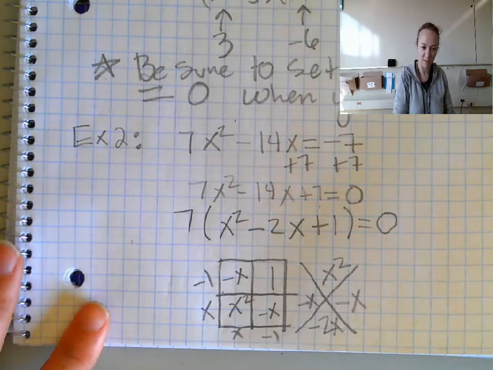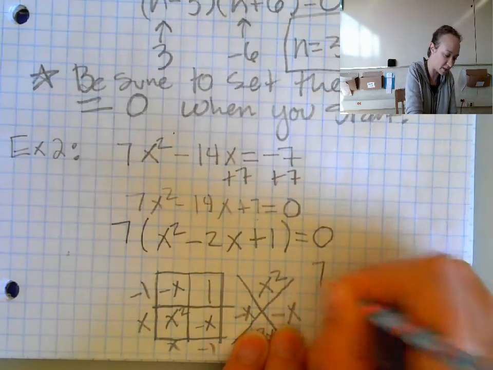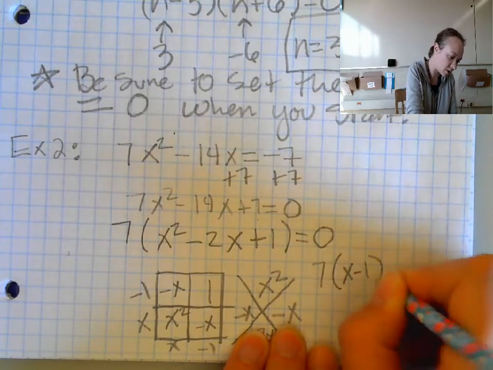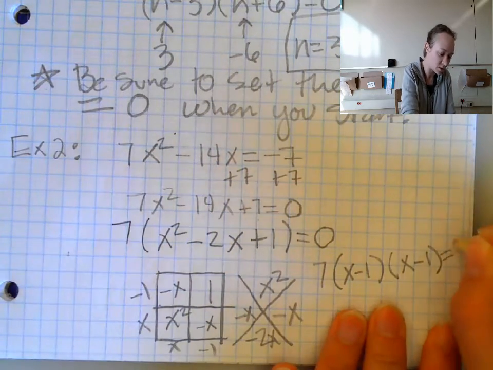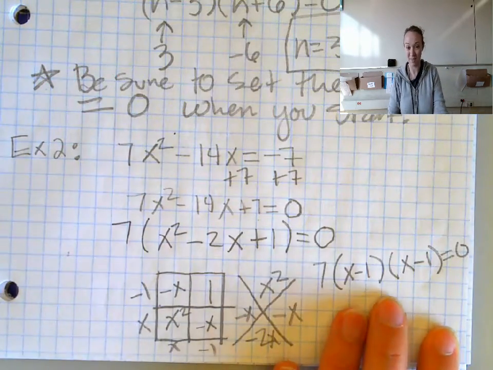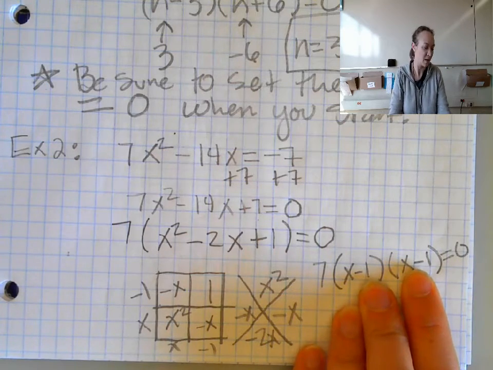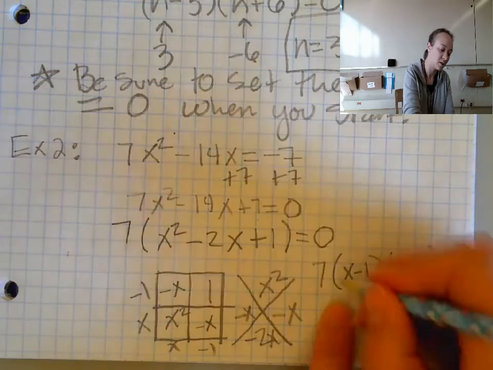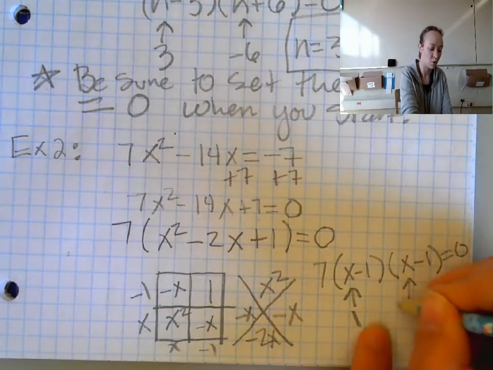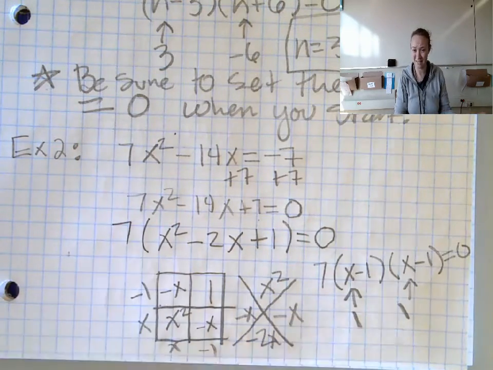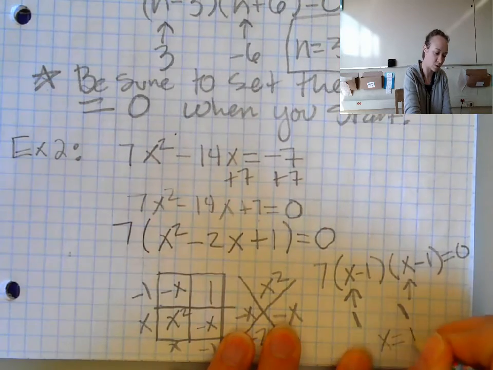So this means that my answer, or my fully factored form, would be 7 on the outside, x minus 1, x minus 1 equals 0. Now, this is one of those perfect squares from the other video, right? I can also hopefully just see that this means it would take a 1 there or a 1 there to work. Well, that's the same number. So this is one where there's only one answer. X equals 1.